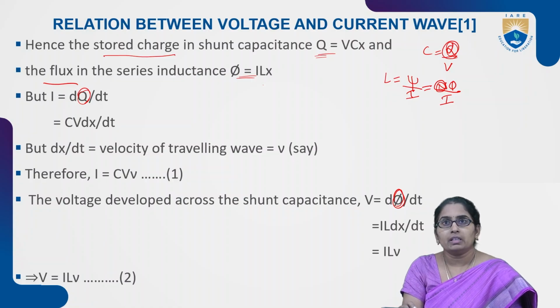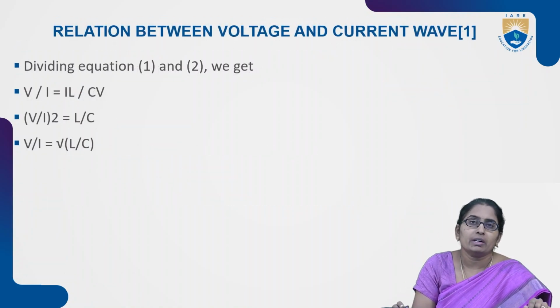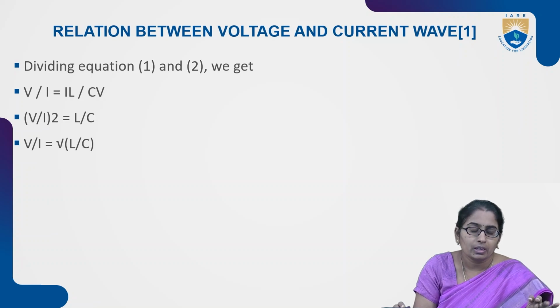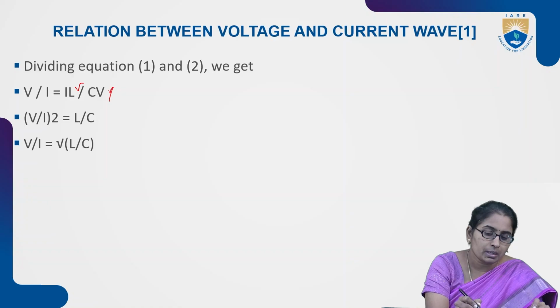Now we want to write the relation between this voltage and current. So dividing equation 2 by equation 1, that becomes V by I, which is given by I L v by C V v. The small v in numerator and denominator gets cancelled.